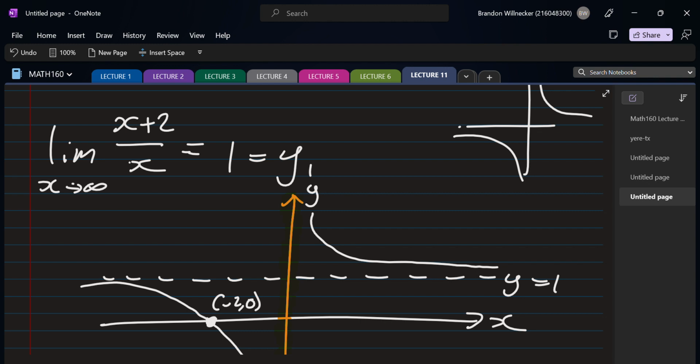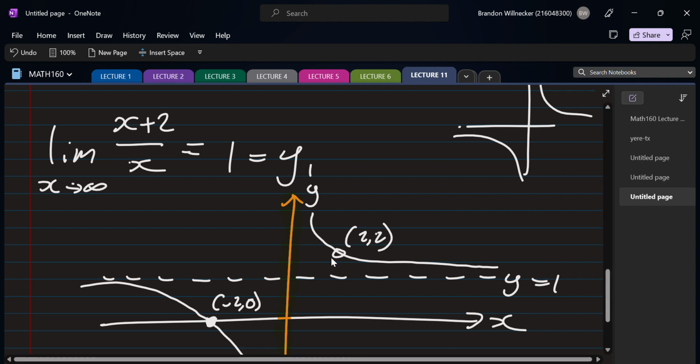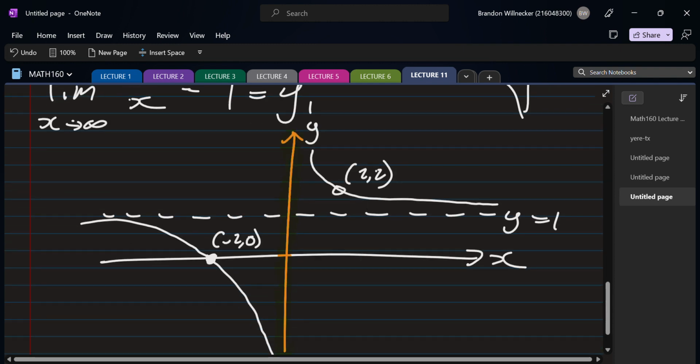Okay, but we're not done yet. Remember that problem point, the one at 2, we need to include that. Remember that was a discontinuity there. So at 2, 2, we have an open circle, because we don't include that point. Remember that was that indeterminate form there. So since it's not continuous at that point, we have an open circle there. Please make sure you include that. That's part of the sketching.